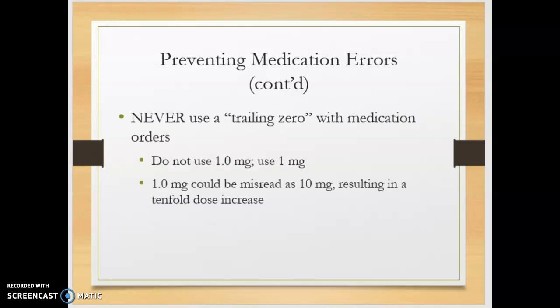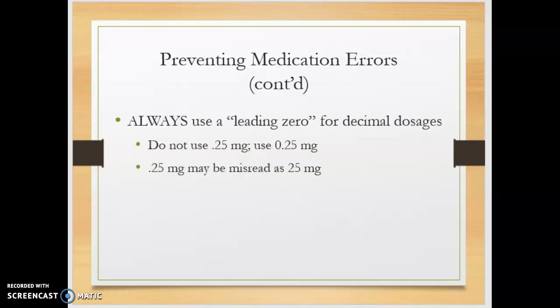Some of the things that we have covered in LVN 111 are medication errors related to calculations or related to transcription and writing out the order. We never use a trailing zero. Do not, for example, write 1.0 milligrams. Instead, write just 1. The 1.0 could be misread as 10, and then we have a tenfold increase in the medication.